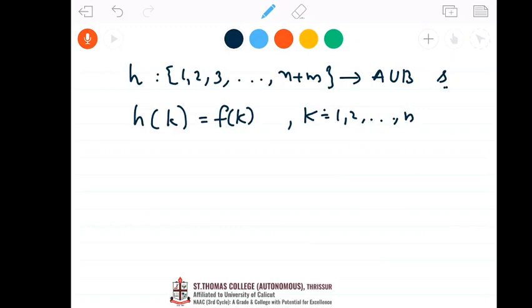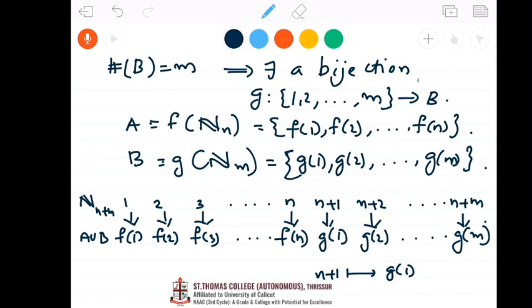Now if k is equal to n plus 1, etc., n plus m, then what is h of k? n plus 1 has the image g of 1. n plus 2 has the image g of 2. How do you get 1 from n plus 1? Subtract n. How do you get 2 from n plus 2? Subtract n.